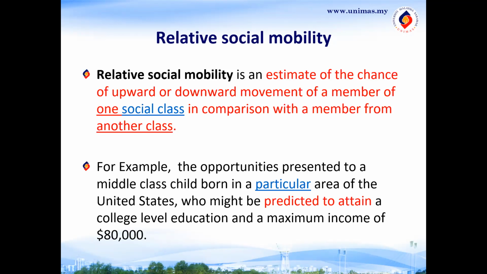For example, the opportunities presented to a middle class child who was born in a particular area of the United States, who might be predicted to attend a college level education and a maximum income of 80,000 per year, for example. Itu estimate of what income the person would be earning if he has a college education.